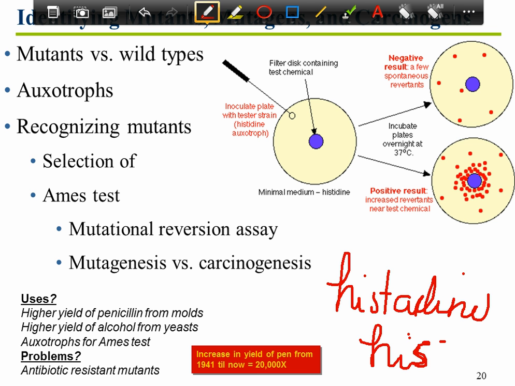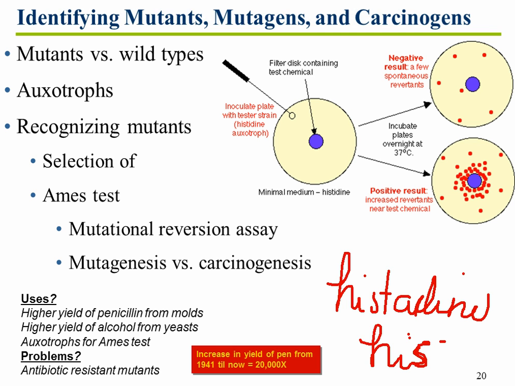So we're going to use a mutant missing the gene for histidine production. It's called an auxotroph. An auxotroph is a metabolically deficient mutant. Because you can have lots of different mutants. You can have mutants that make more alcohol.